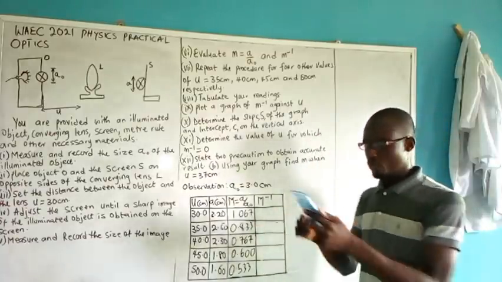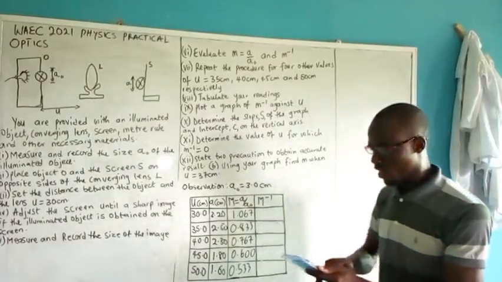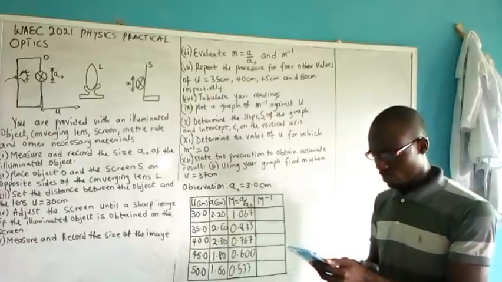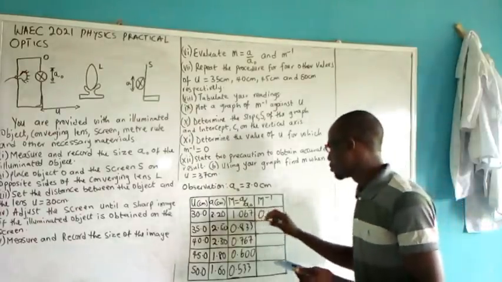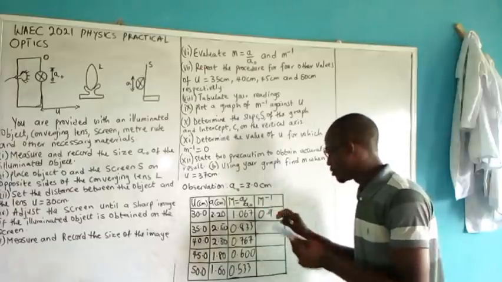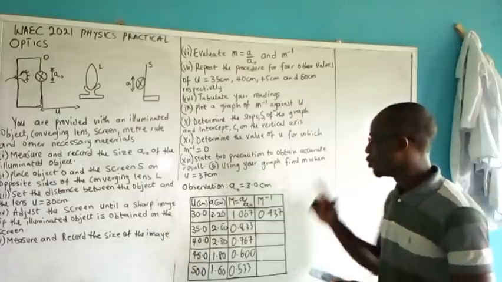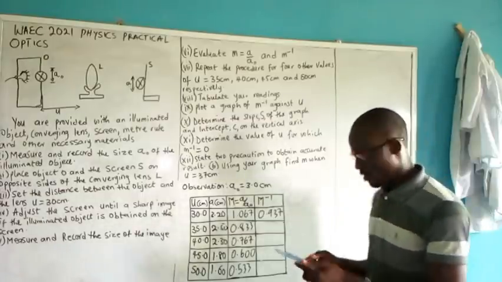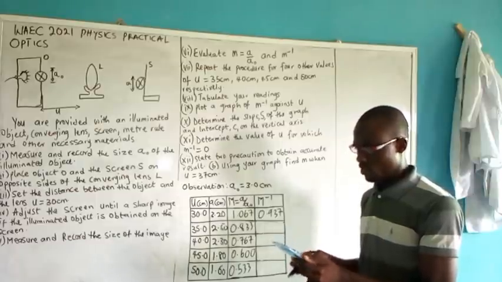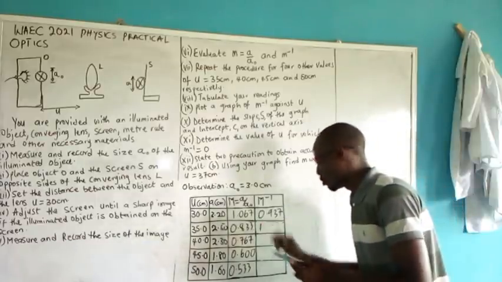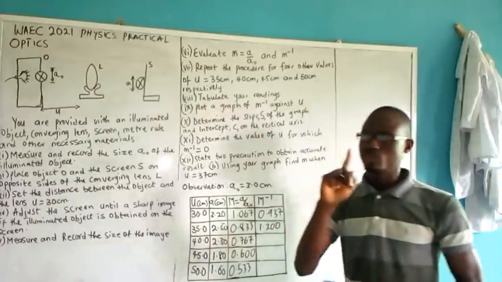So we can now evaluate our m inverse in this case. We have 1 all over this, which will give us the m inverse. So 1 over 1.067 gives us 0.937, also in 3 decimal places. Then the next one, 1 over 0.833, gives us 1.200 in 3 decimal places.